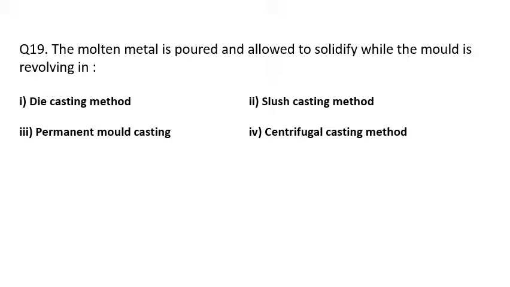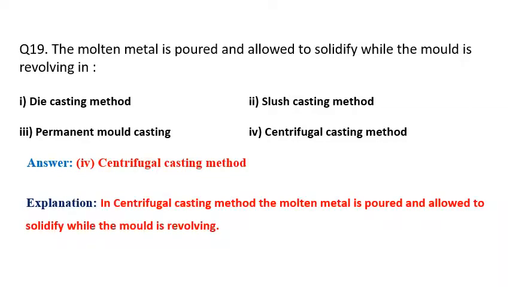The correct answer is option 4, centrifugal casting method. In centrifugal casting, the molten metal is poured and allowed to solidify while the mold is revolving. It's a very striking feature of the centrifugal casting method.